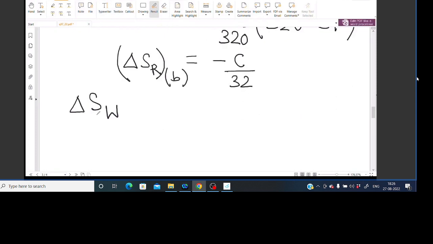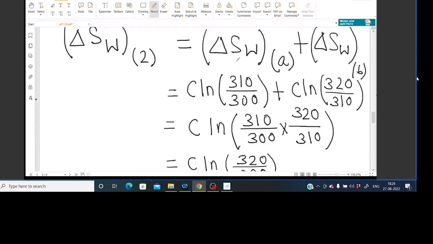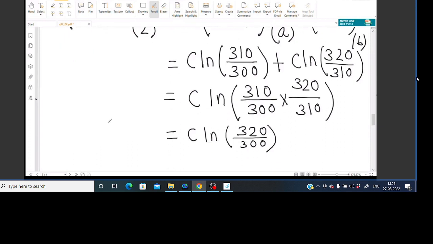So the change of entropy of water in process 2 is equal to the change of entropy of water in sub-process A plus the change of entropy of water in sub-process B. Putting the values and after doing some simplification, we finally get the change of entropy of water in process 2 is equal to C log 320 by 300.